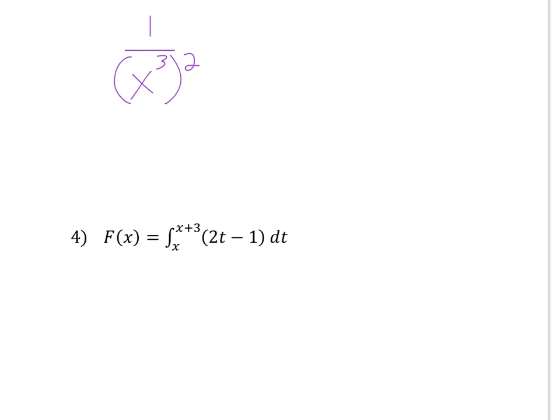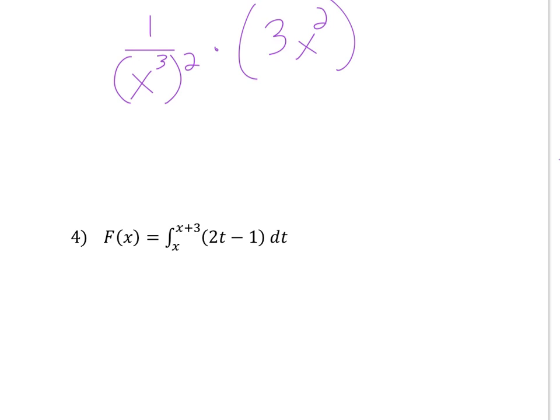And then the extra step that's going to be happening here is a chain rule. So we are going to end up multiplying by the derivative of that upper limit of integration. So x cubed will become 3x squared, the derivative of x cubed, and that is the extra step that's going to happen when our upper limit of integration is something other than just simply x.